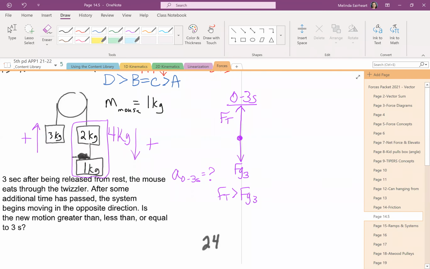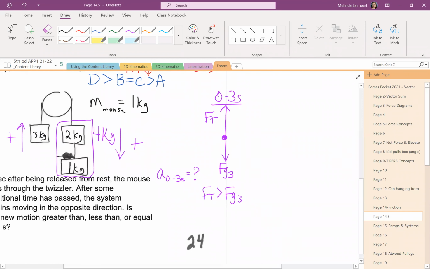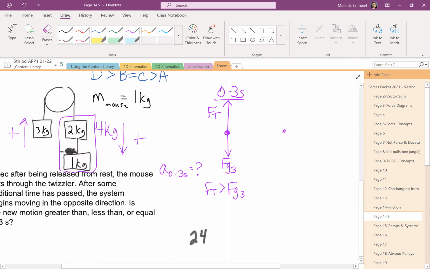Good on the 3 kilogram? And then the rope, remember, goes over that pivot point. That's all the pulley is to us right now. We don't care about any rotation of the pulley. And so on the other side, we have FG4, which is going to be a little bit bigger, right? I'm going to make it a little bit bigger.